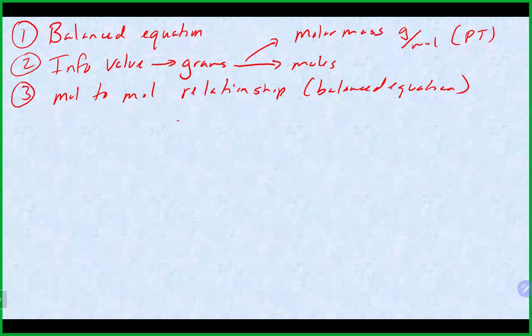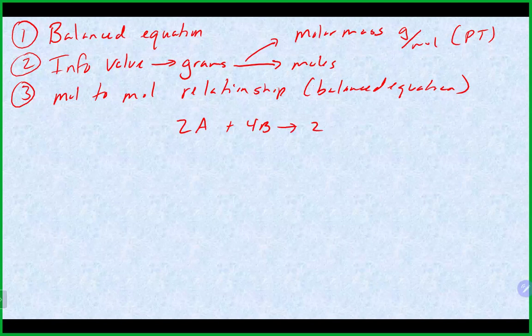And remember that when we look at a balanced equation, to just make one up here, we could actually use the coefficients from the balanced equation as a conversion factor. And that's really the whole basis of what stoichiometry is, using that as a conversion factor.